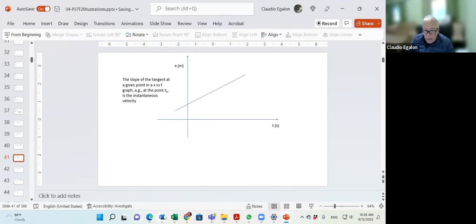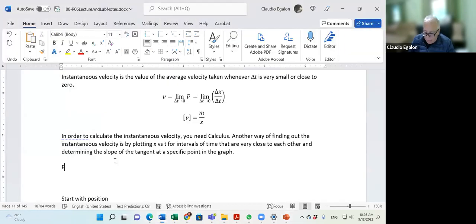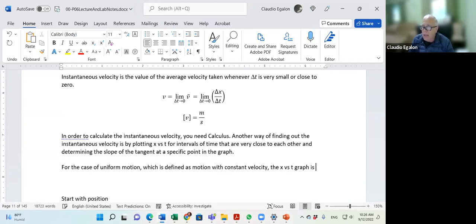Okay. The slope here is going to be the same as the slope here. Let's write that down here. For the case of uniform motion, which is defined as motion with constant velocity, the X versus T graph is a straight line.